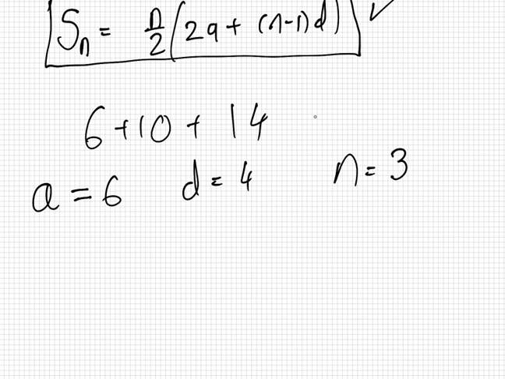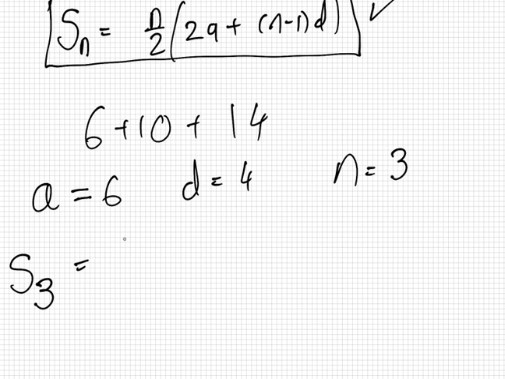What should the answer be? Well, it should be 30. But let's check if we get 30 if we use the formula. So it's S what? S3. Because there are 3 things I want to add.